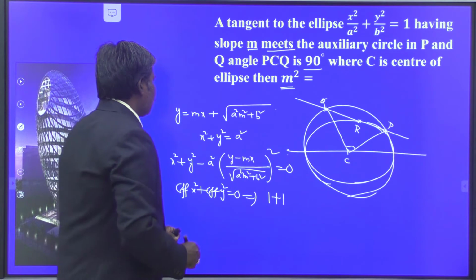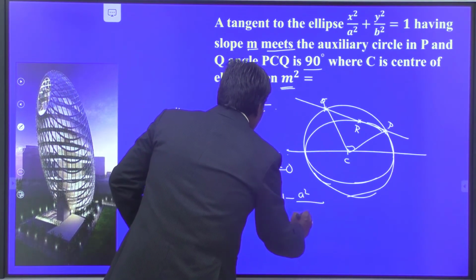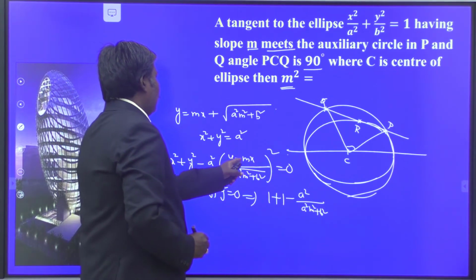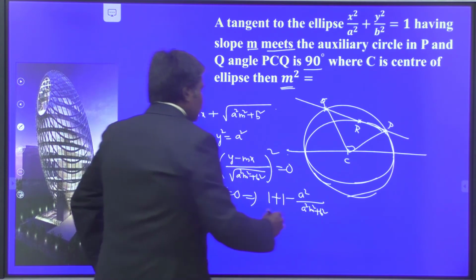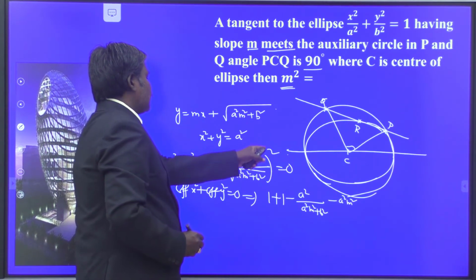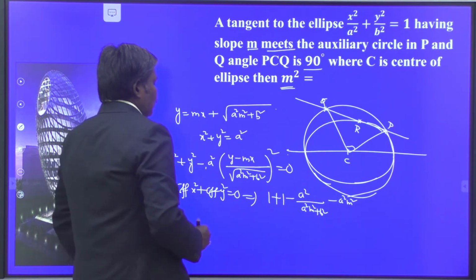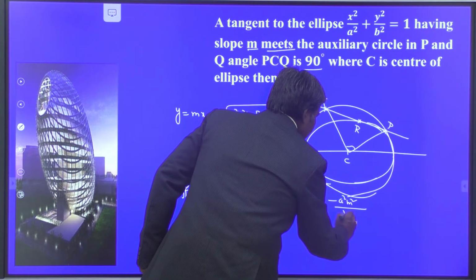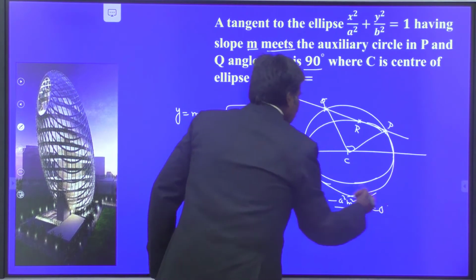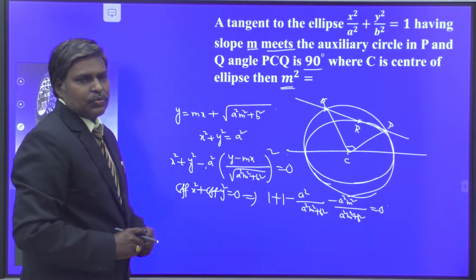Here also y square is there, minus a square by a square m square plus b square, because whole square is there. Now m square minus a square, plus m square x square by this one. So coefficient of x square is what? Minus a square m square by a square m square plus b square is equals to 0. From this equation itself, you have to evaluate the value of m square.